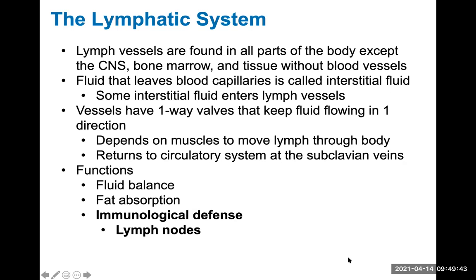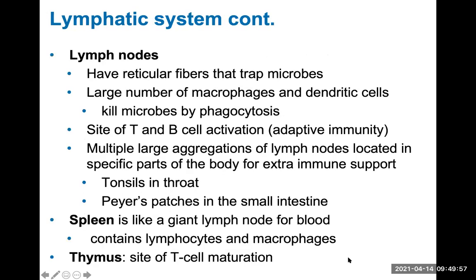And we'll see that most of the activity of providing support to the immune system will take place within lymph nodes. Lymph nodes have these special fibers that can trap microbes.